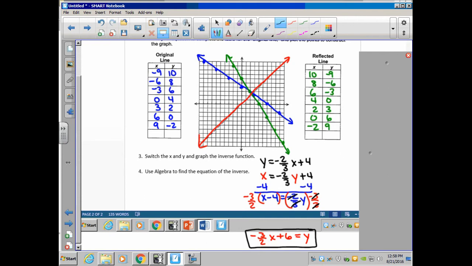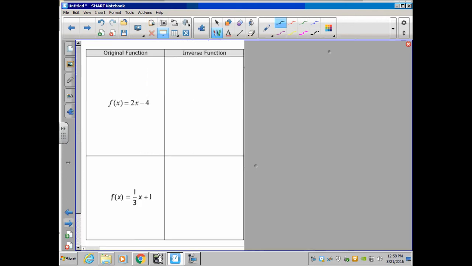Let's try some more. Here I have f of x equals 2x minus 4. F of x is just function notation. So my first step is to change f of x to y. It's the same thing. Function of x, or y, is the same thing. Now I'm going to switch my x and my y.